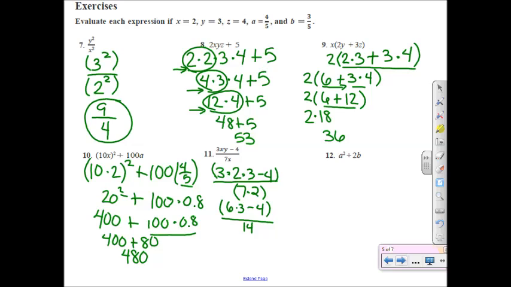I still have some multiplication to do on the top. 6 times 3 is 18. And then the last thing in the parentheses on the top is 18 minus 4, which is 14. And once I get a fraction to just one number over one number, then I can do it as division, and 14 divided by 14 is 1.